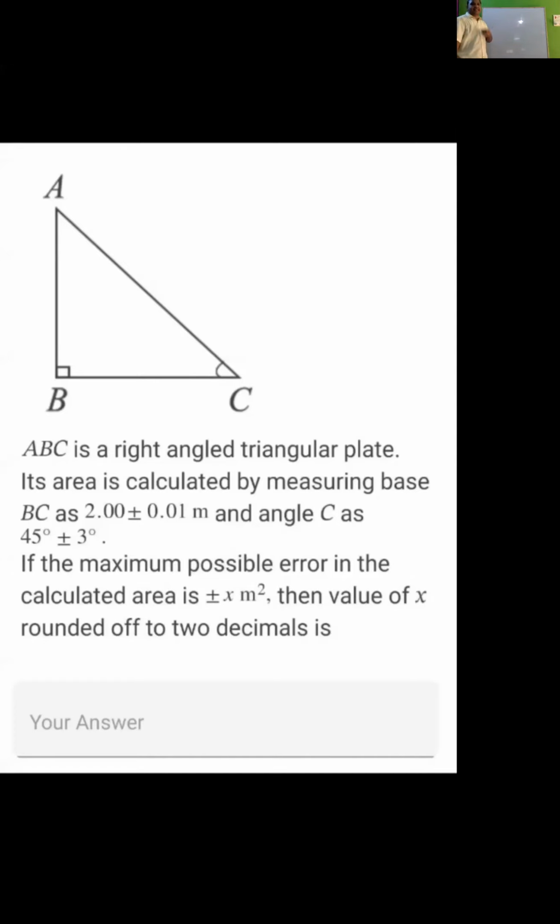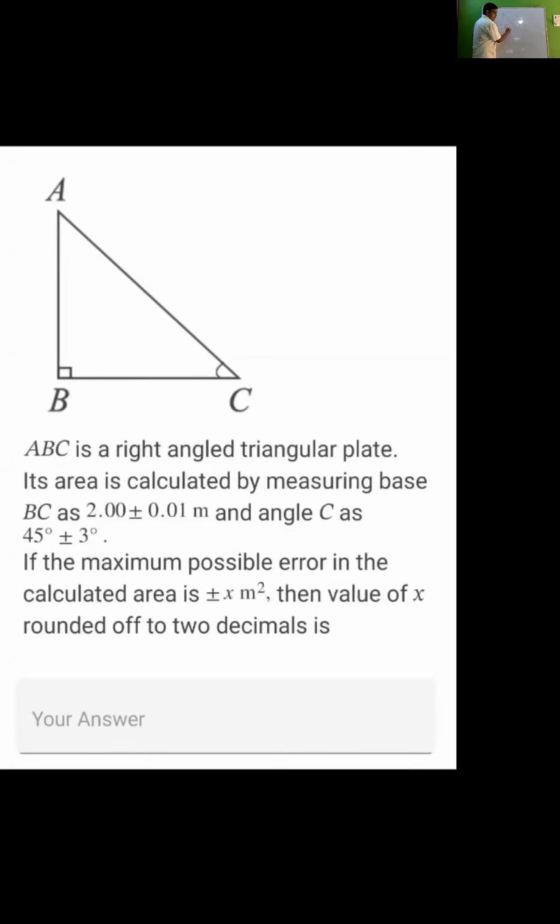So the question is, ABC is a right angle triangle plate. This is your A, B, and C. The right-angled triangle's area is calculated by measuring the base BC, which is 2.00 plus or minus 0.01 meter, and the angle C as 45 degrees plus or minus 3 degrees.